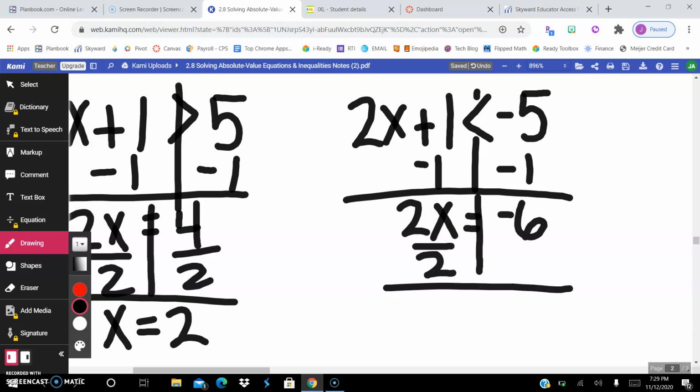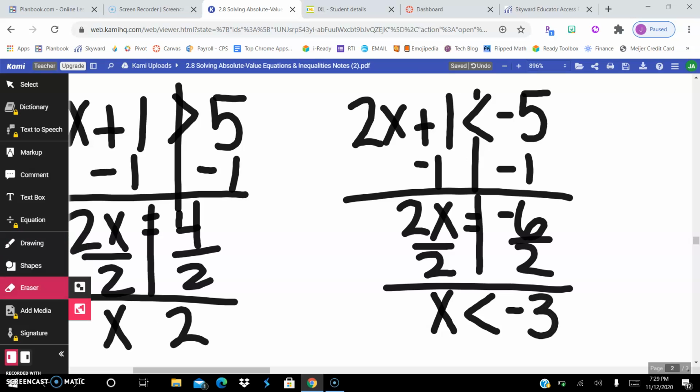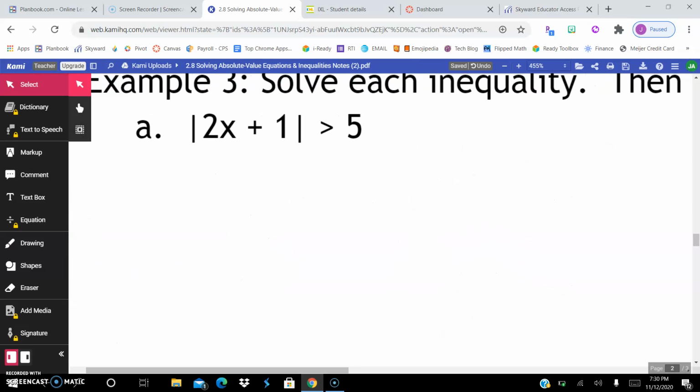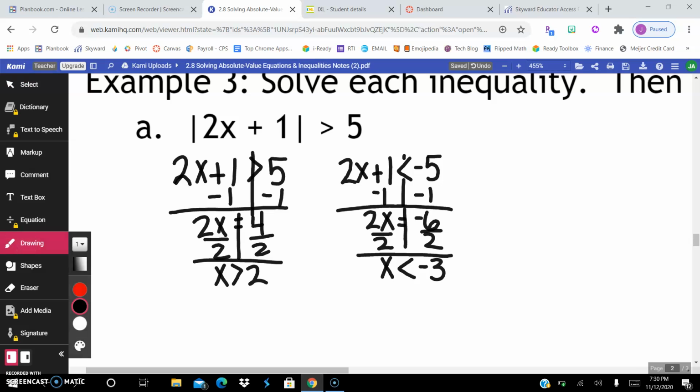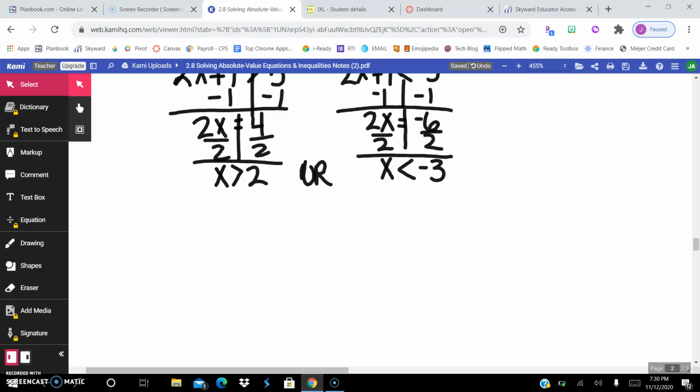And then divide by 2, x, bring down that sign. Negative 6 divided by 2 is negative 3. And I realized I brought down an equal, not the regular sign there, so fix that. And remember, this was an or. Then we have to put these on a number line.